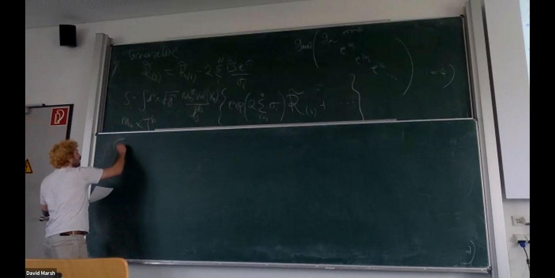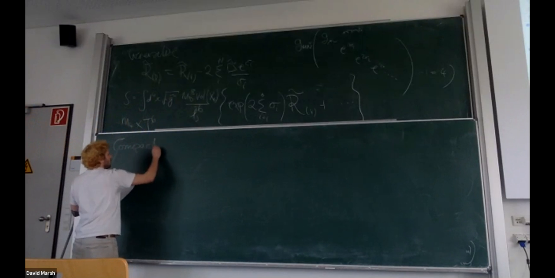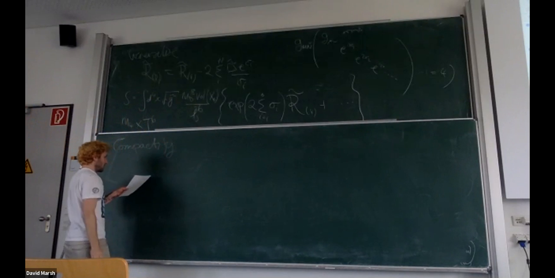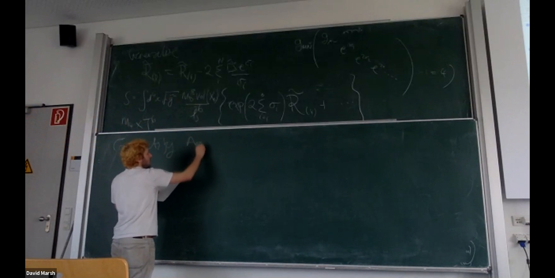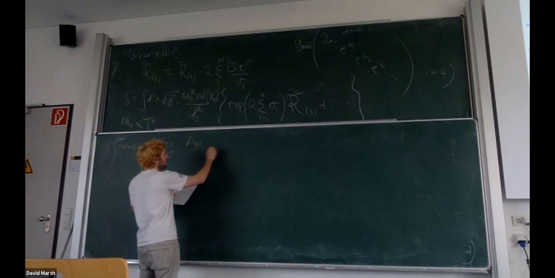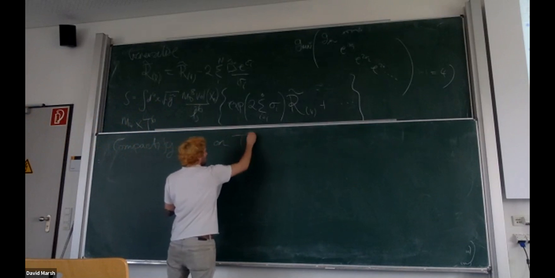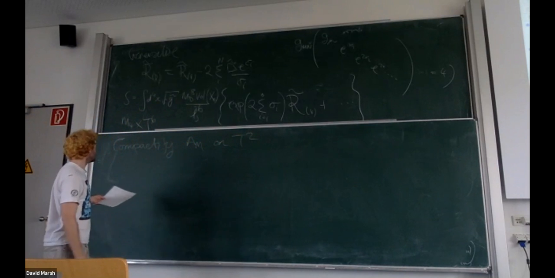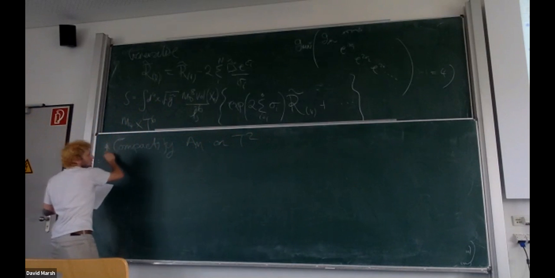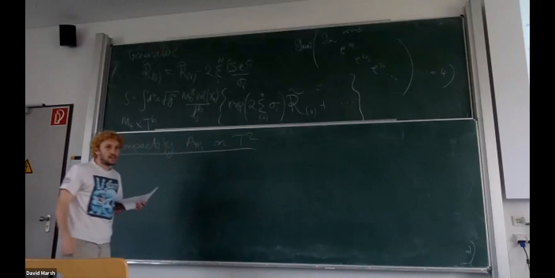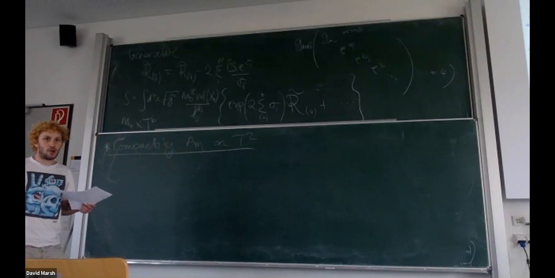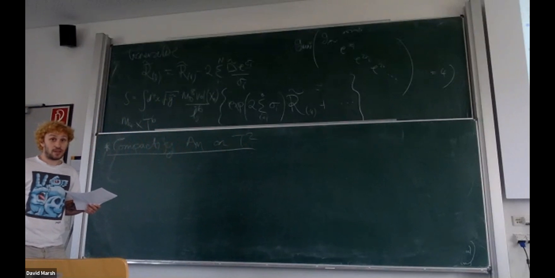So we're going to compactify A_M, a one form in D dimensions, on T2. In order that everything happens nice and easily, I'm going to work just at the level of the equations of motion after gauge fixing.